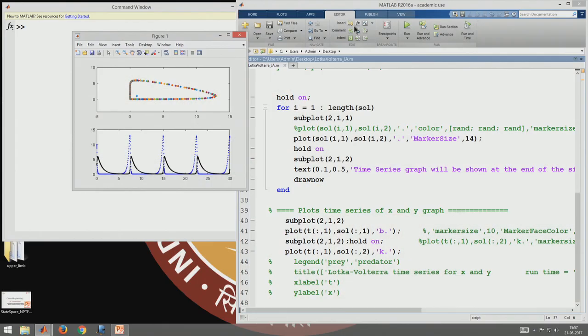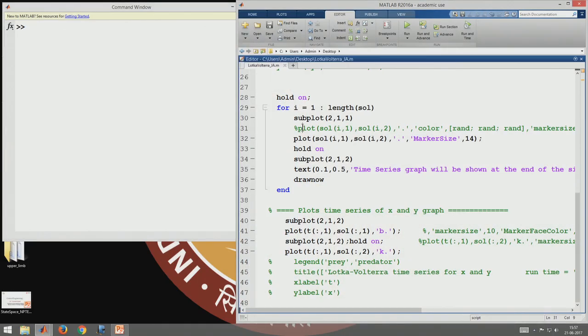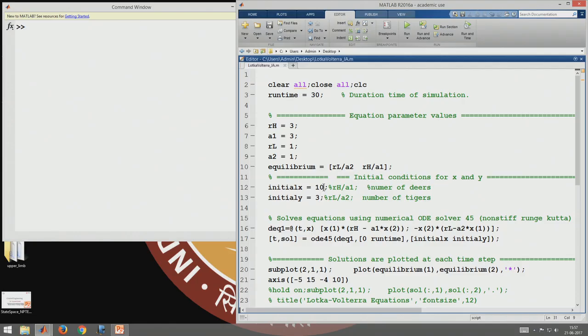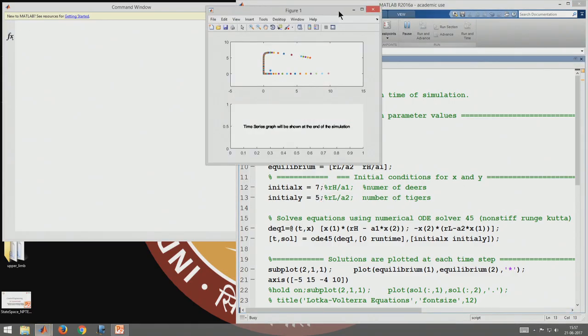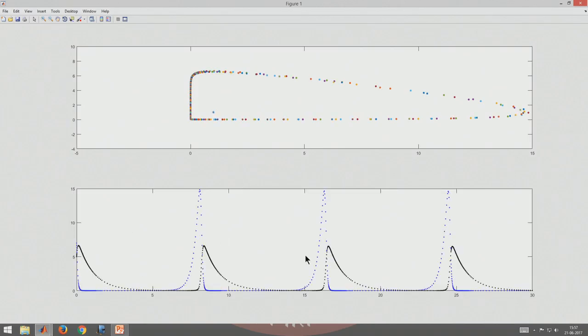Now we started at one particular initial condition, 10 and 3. Let us see what happens at different initial conditions. So let me say I have 6, 7 deers and 5 tigers, and you simulate this, you are going to get exactly the same kind of behavior. So this goes around and around the equilibrium point, this is a stable center. And once the plot is complete, we will get this graph as well.